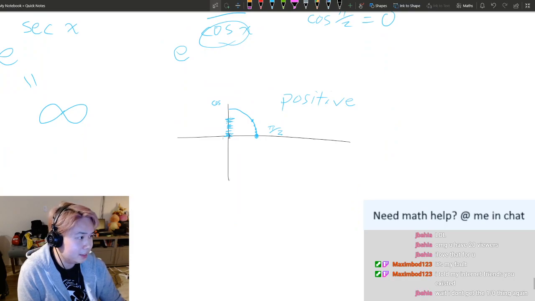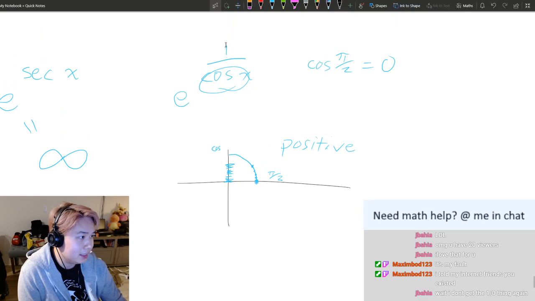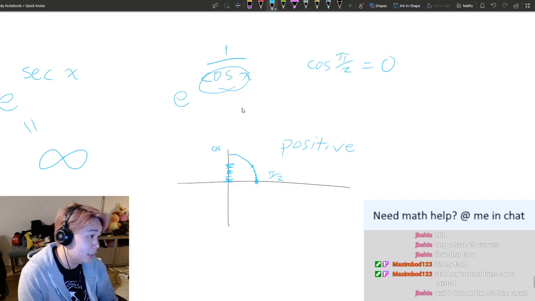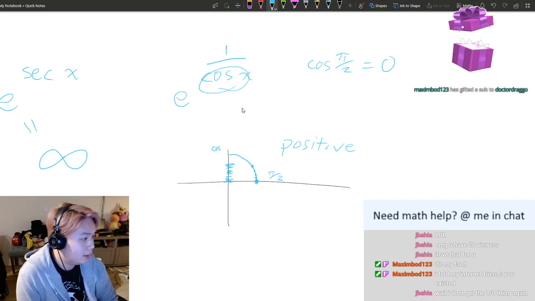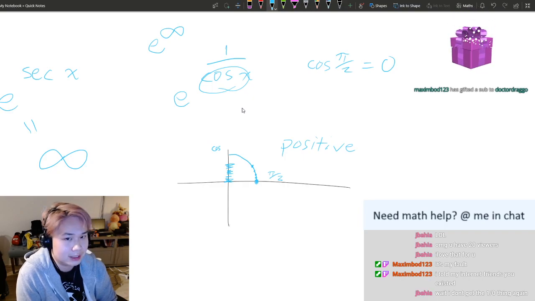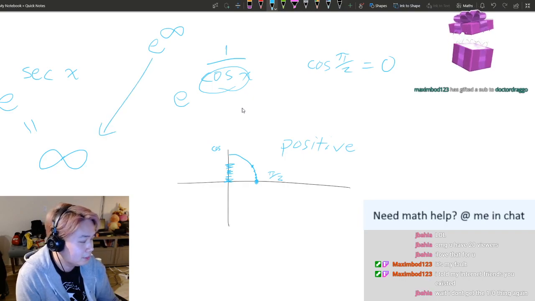So as they are approaching 0, but they're still being positive, then this entire fraction is going to get larger because you're dividing by smaller and smaller values of cosine till eventually this thing just becomes infinity. So you're essentially evaluating, well, not evaluating, but you're interpreting this as e to the power of infinity, which is just infinity.